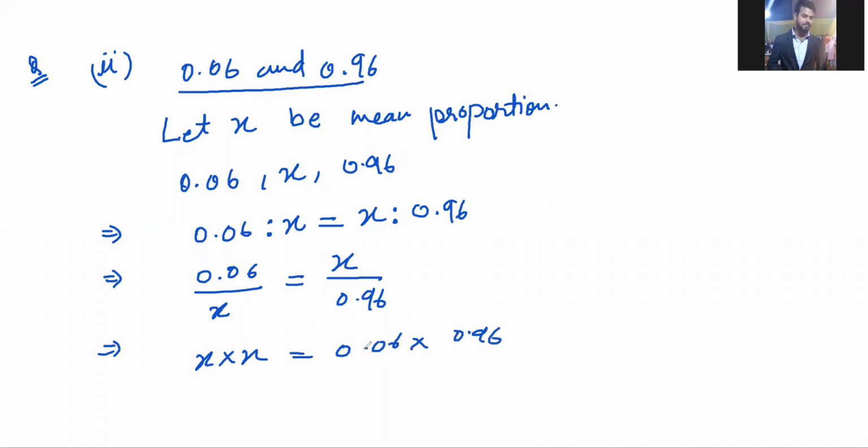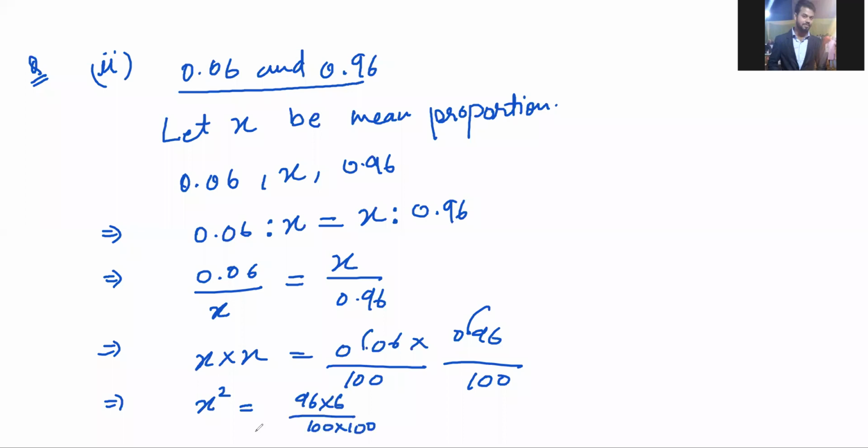So beta, when you remove the decimal from here, you will get 100 in the denominator and the same 100 here also. Okay, so X into X, X square is equal to 96 into 6 upon 100 into 100. Fine. So now we have to solve this. When we remove square from this side, we have to take under root.